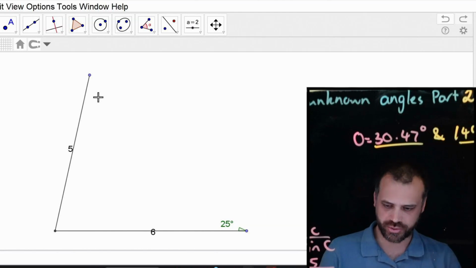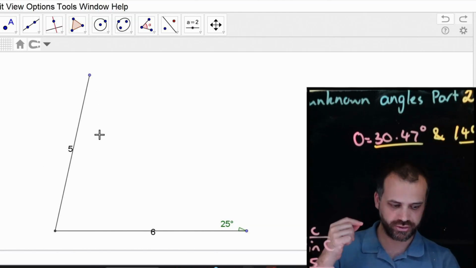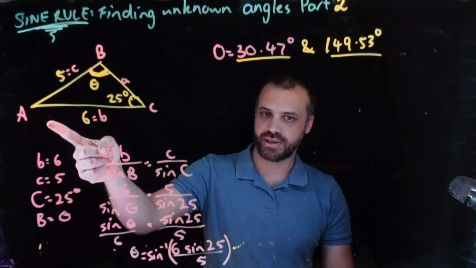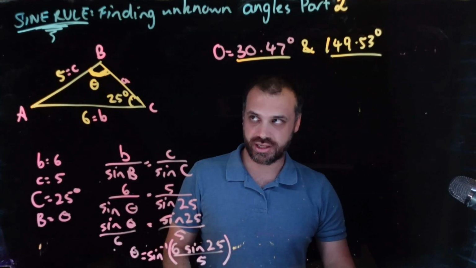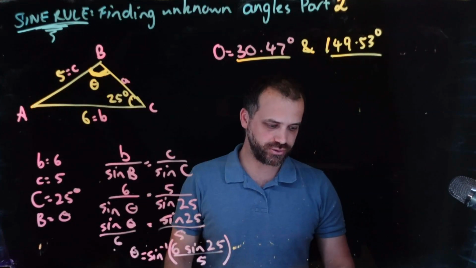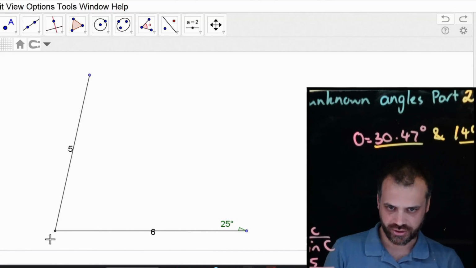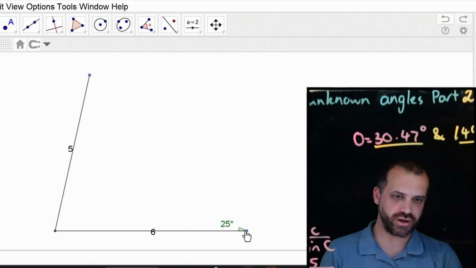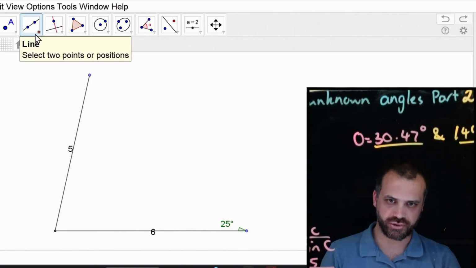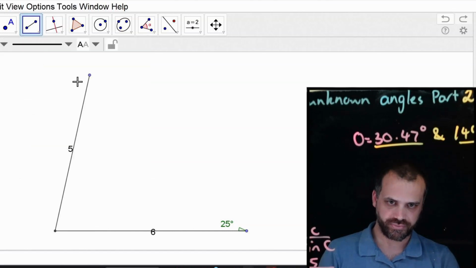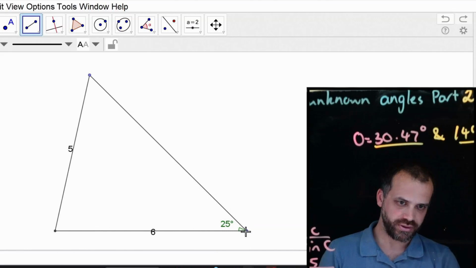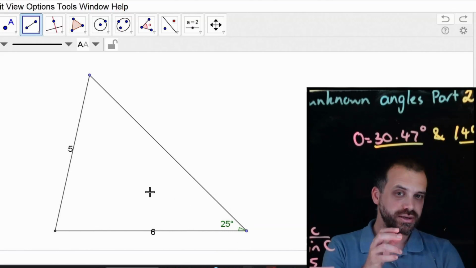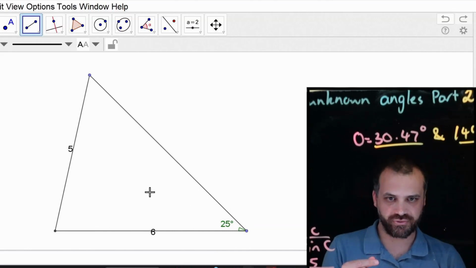Here what I'm doing is creating the triangle that we had up here. A length of 6, a length of 5, and an angle of 25. At the moment, it's not making an angle of 25, right? So if I join up my triangle, it's not making that angle of 25. How do I make that angle 25?